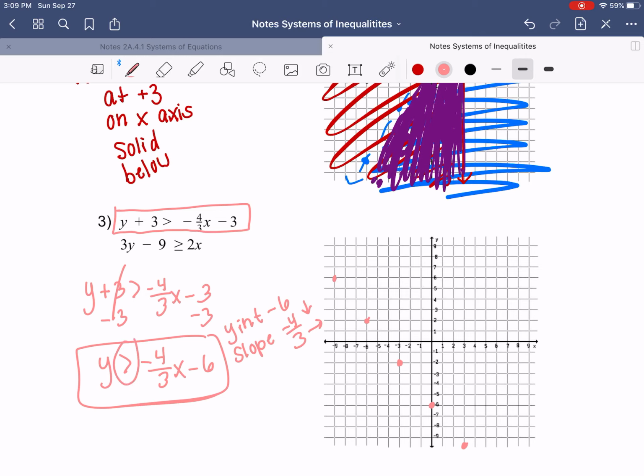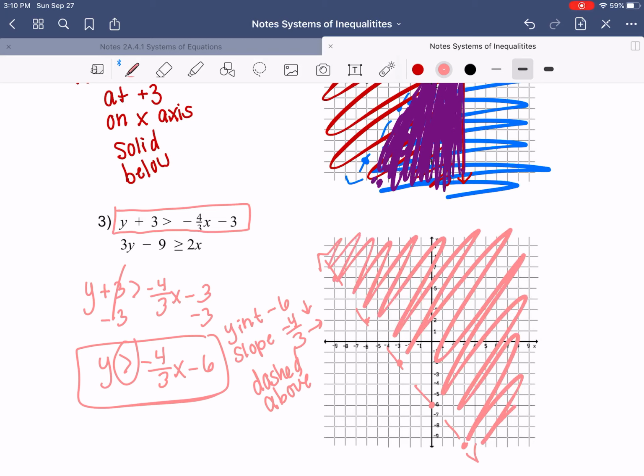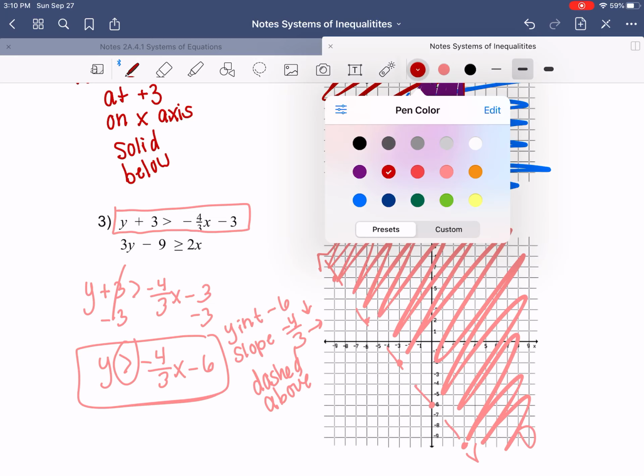I look, it says greater than, so that means it's going to be dashed, and I'm going to shade above. So I have a dashed line, and I shade above. So when I look at this line, this right-hand side of the graph would be my above.